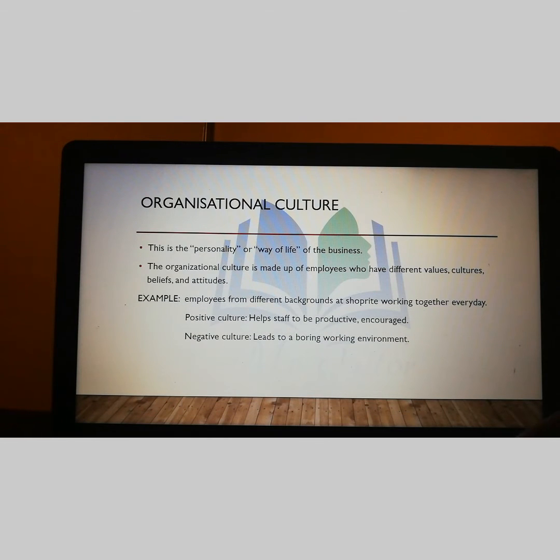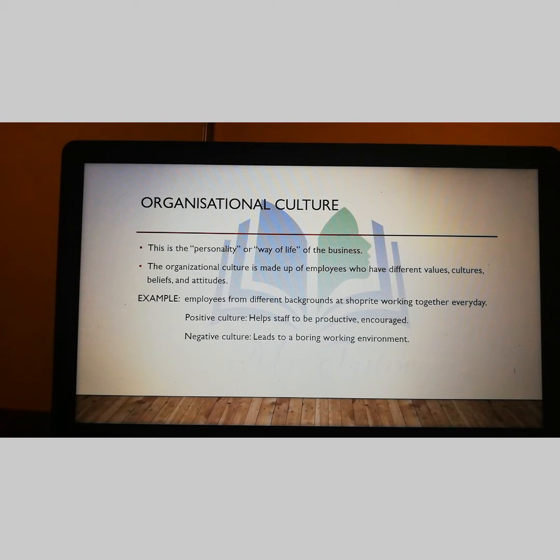Similar to that example I gave via Spar, where you find each and every employee at Spar is from a different background, but they work together in order to achieve what the organizational culture of Spar is. So another example here would be employees from different backgrounds at ShopRite working together every day to achieve the common goal that ShopRite wants to achieve.